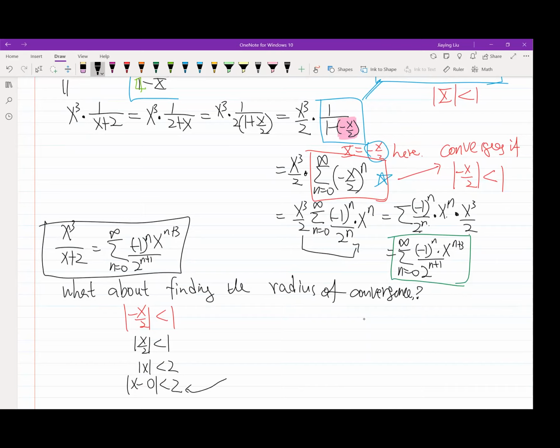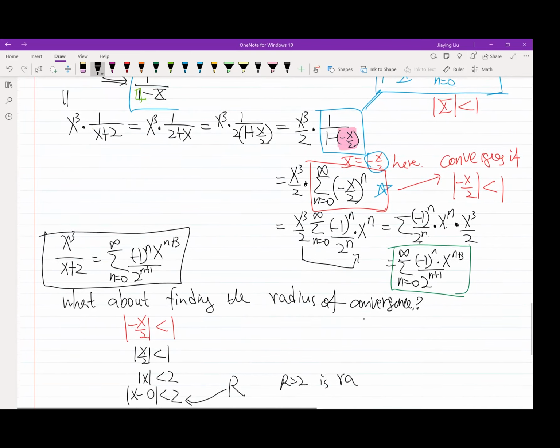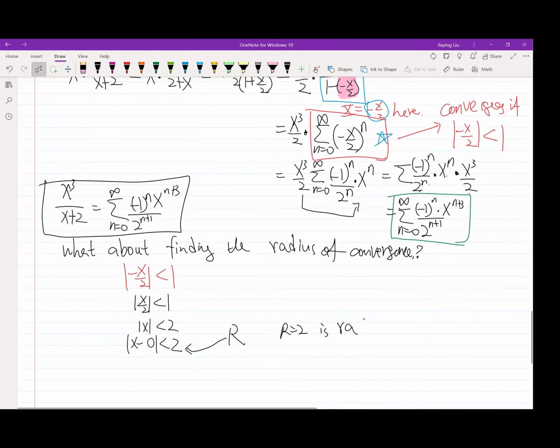And then the 2 here is what we call the radius of convergence. We get it by manipulating the absolute value of capital X less than 1 expression, with the correct substitution of capital X, obviously.